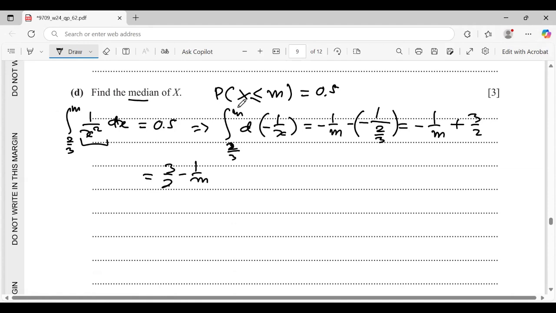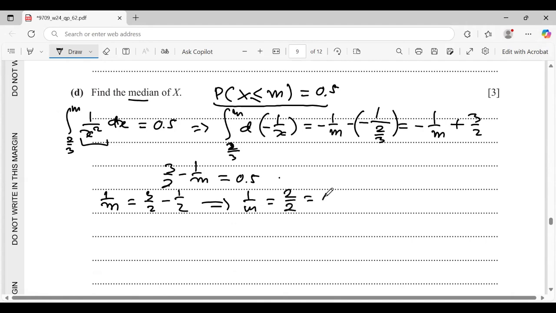And based on the statement that the probability equals 0.5, let's calculate m. So 1 over m equals 3/2 minus 1/2. 1 over m equals 2/2, or 1. So m equals 1.